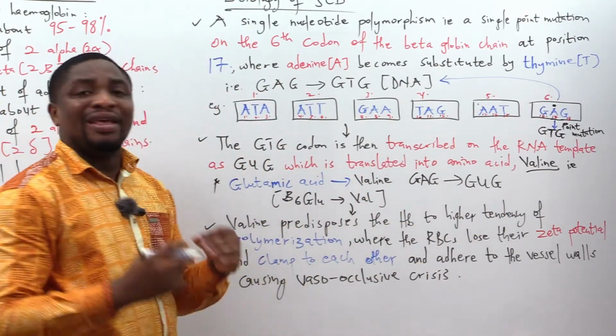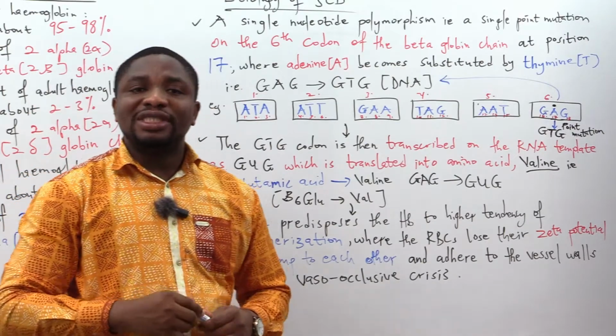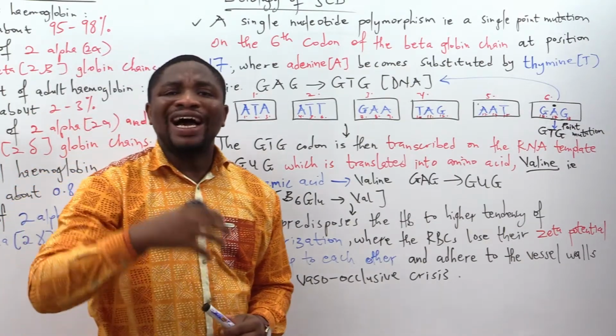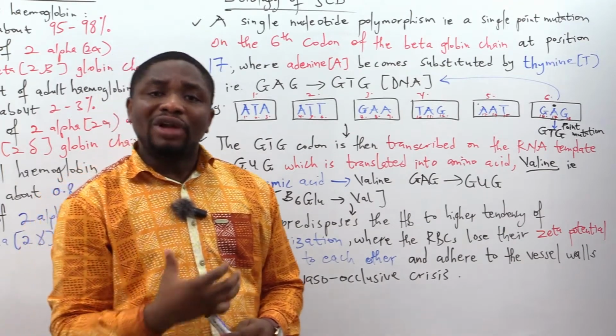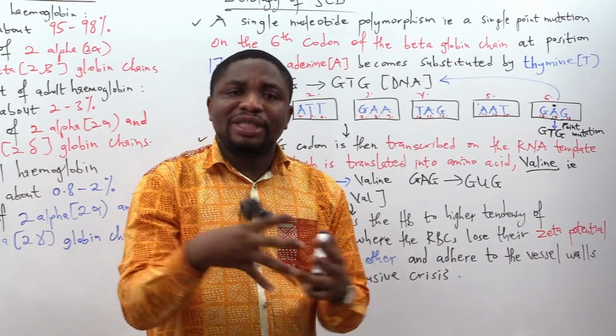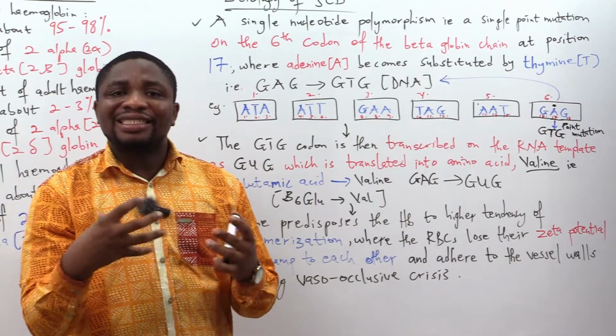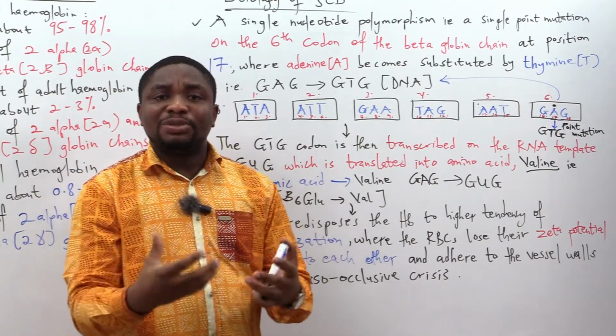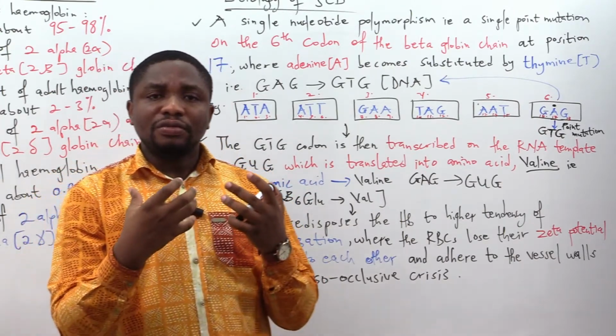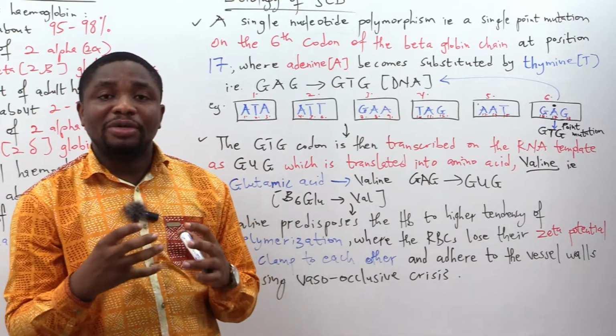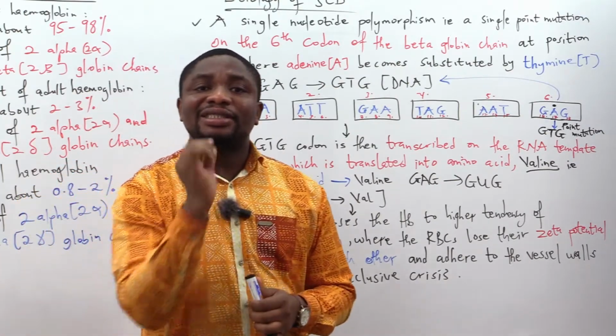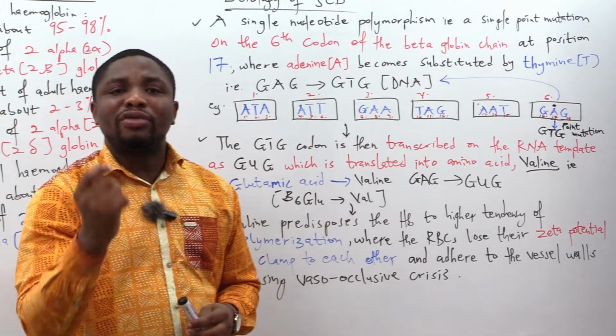And we are saying that valine predisposes the hemoglobin to higher tendencies of polymerization, where they form polymers, where they clamp onto each other. As such, the red blood cells tend to lose their zeta potential.